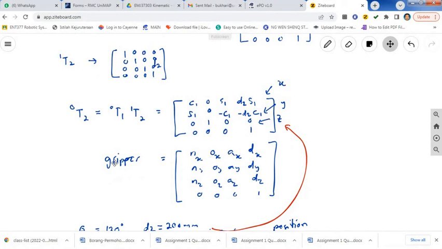NOA is normally a special name for the gripper. The gripper has X, Y, Z, but they give it the name NOA. If it is a robot arm, normally they put X, Y, Z, but for gripper they put NOA. But this one is maintained. This is the position.